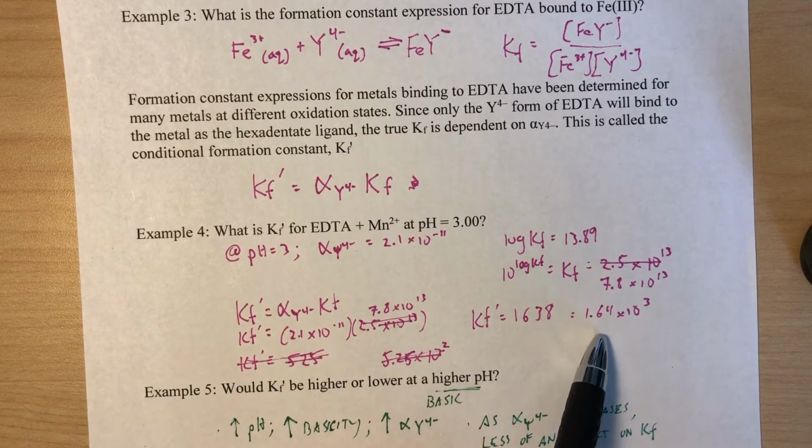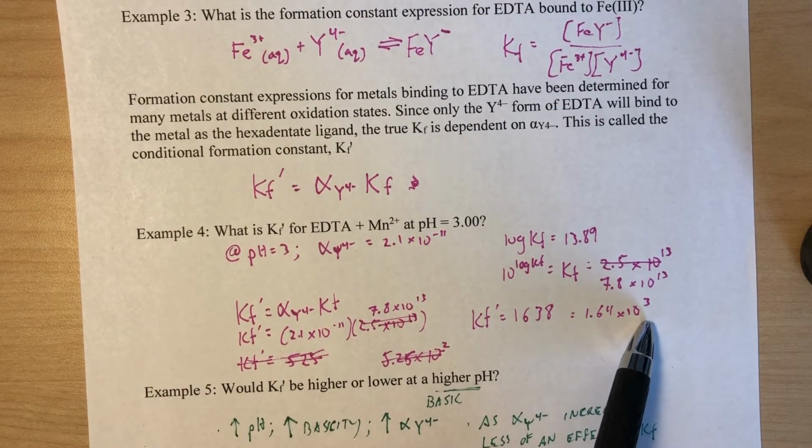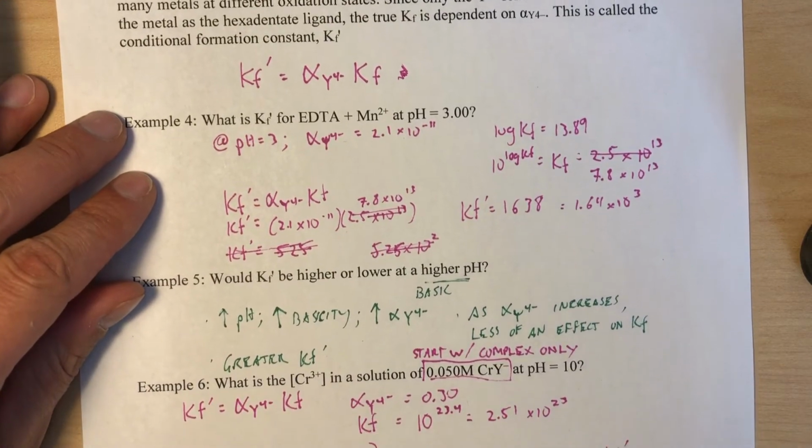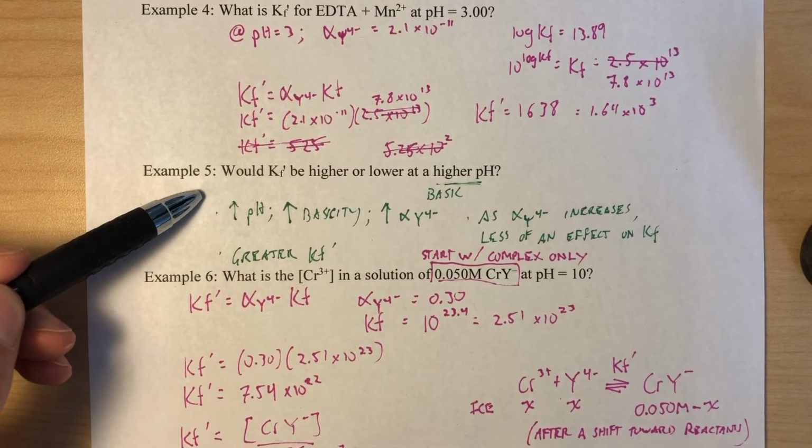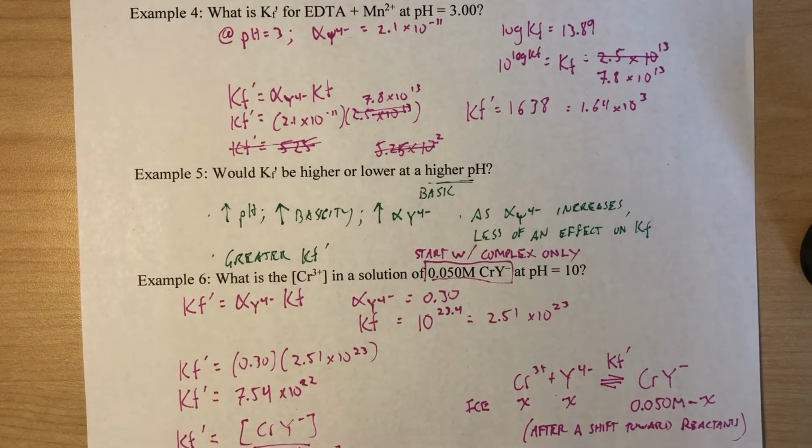This is a large number. This is one of our first equilibrium constants that's not a very negative exponent. So we have a positive exponent. So, as a conceptual question, would Kf prime be higher or lower at a higher pH? Well, as we increase the pH, we are increasing the basicity.